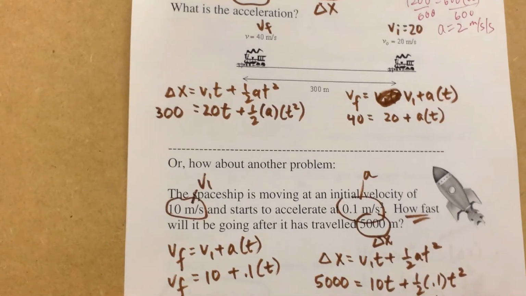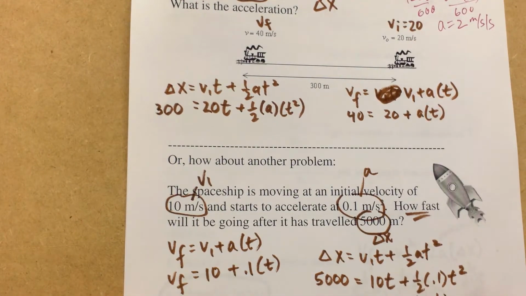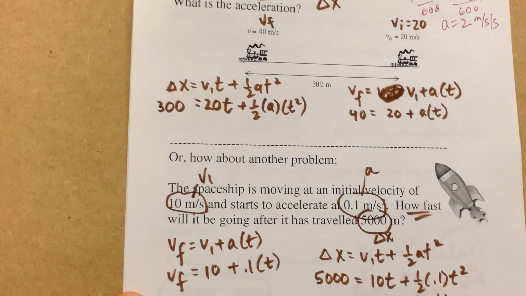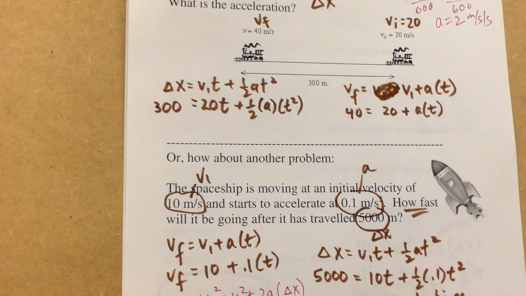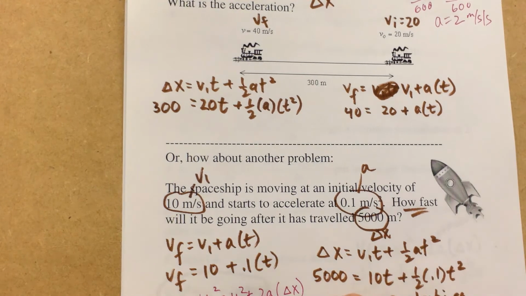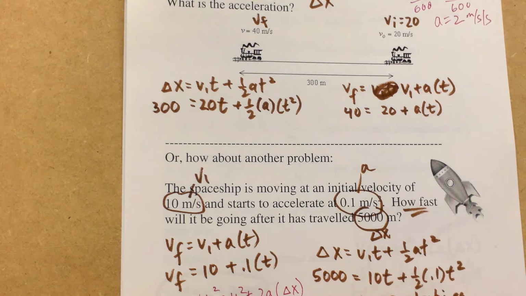Let's take the spaceship problem. We want to know how fast it'll be traveling. Well, let's again write down the timeless equation. We'd like to figure out how fast. We know the initial velocity was 10, so we'll square that.